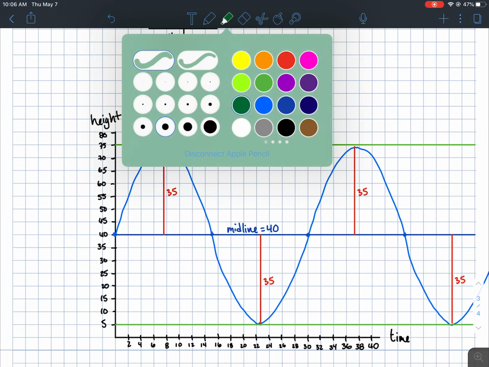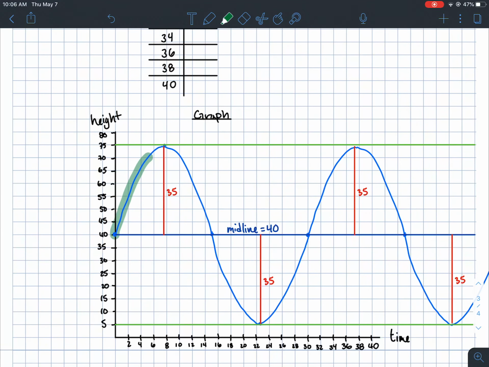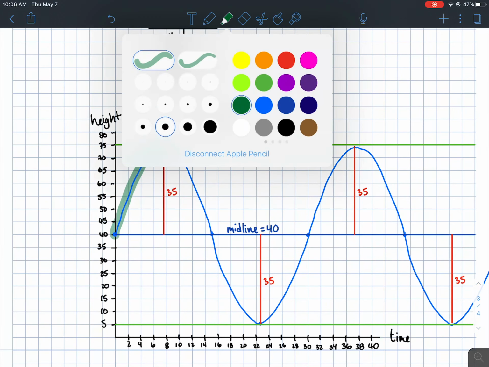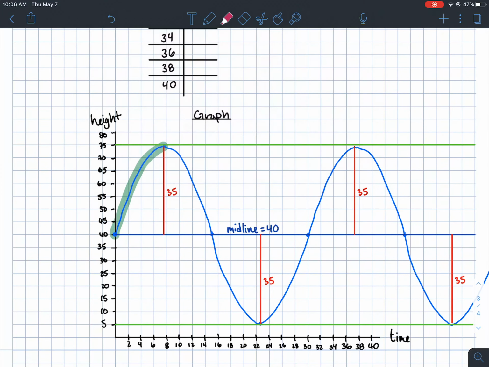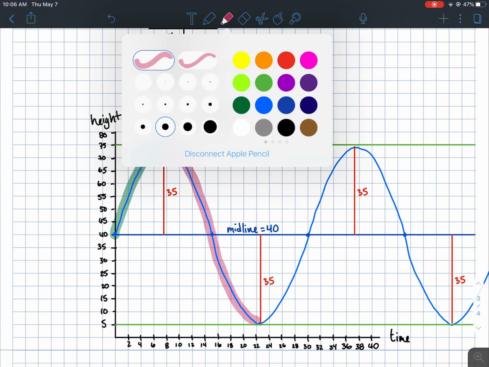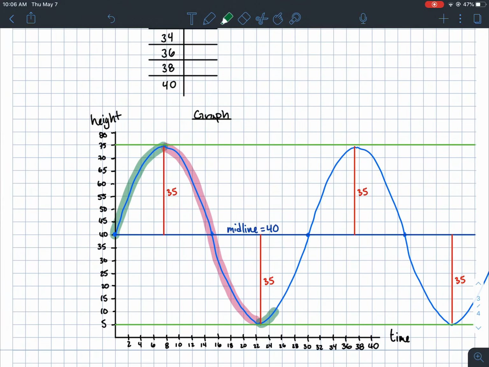And if you want, you can even see on the graph, here's where we're growing. Now we're starting to decrease, decrease, decrease. Now we're growing again. There's one full rotation, and now the circle restarts.